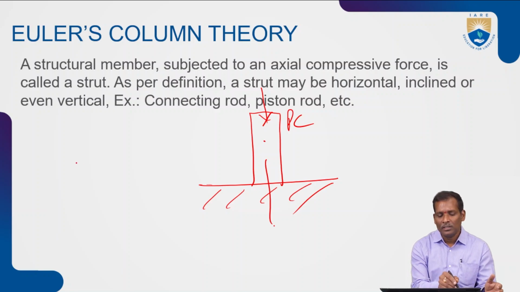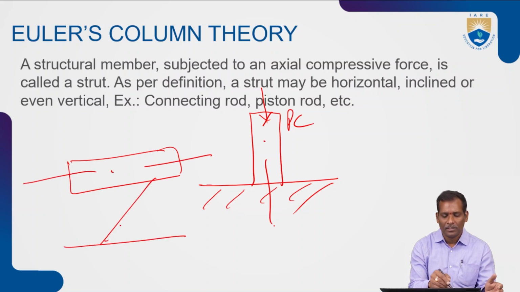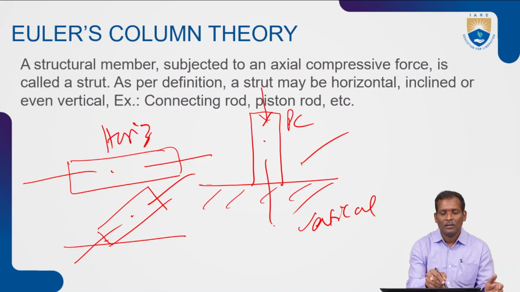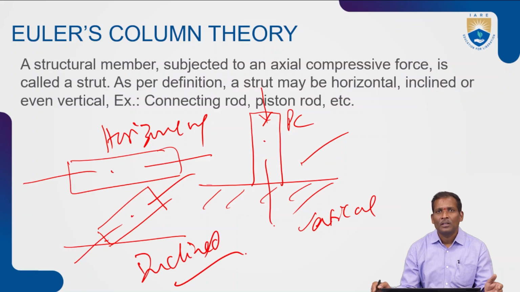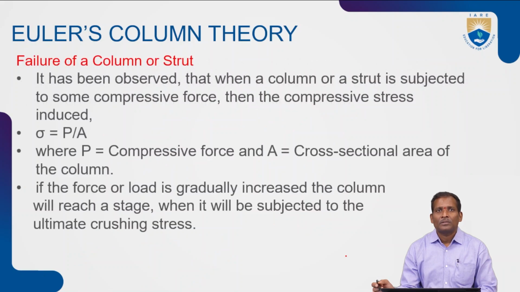It may be horizontal, it may be vertical, it may be inclined. Examples: connecting rod, piston rod, etc. Clear?